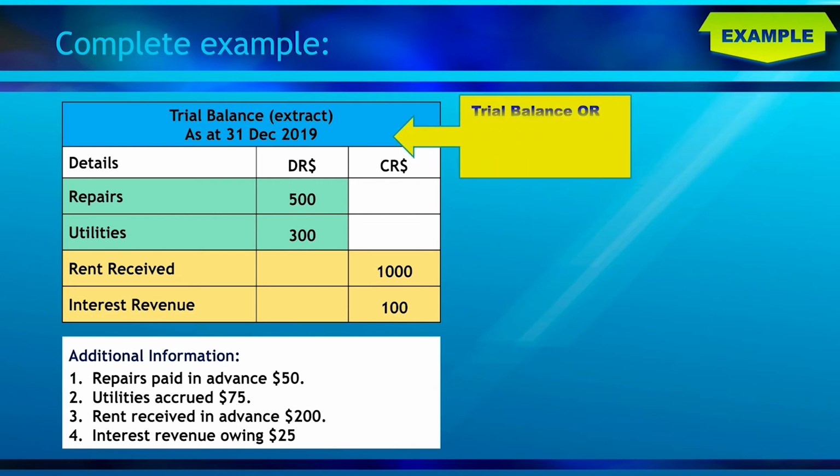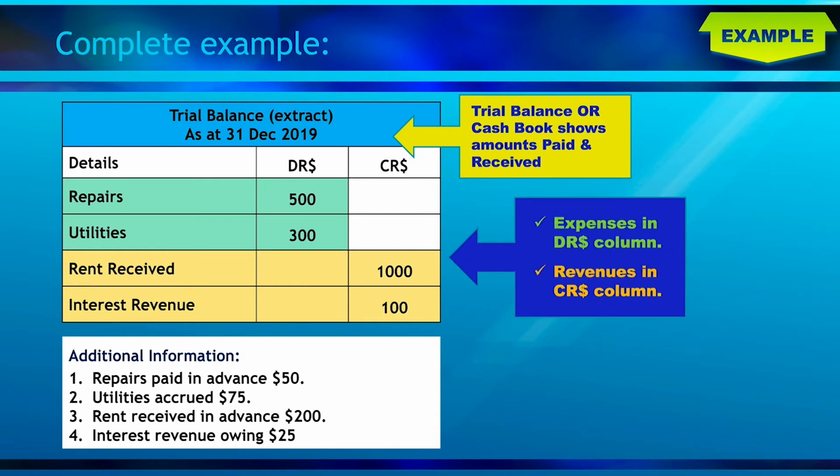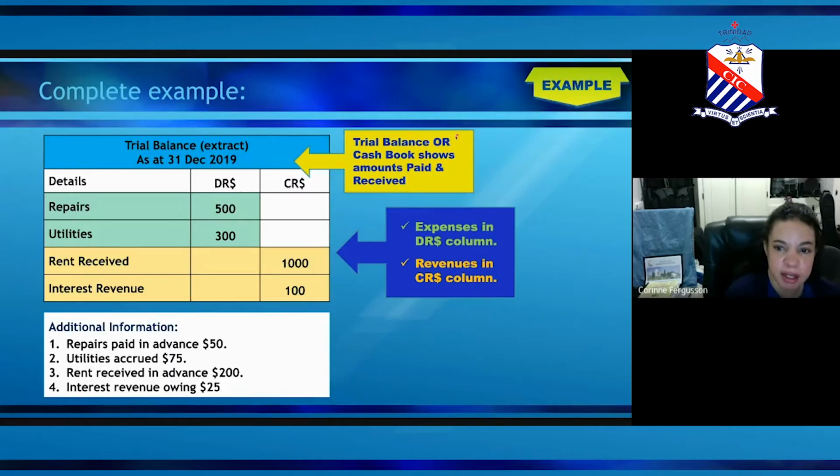Everybody sees the trial balance. Remember your trial balance with your debits and your credits. Your expenses will be debits, of course, and your revenues will be credits. So the trial balance or the cash book, but in this case we are using a trial balance, shows the amounts that are paid and received.